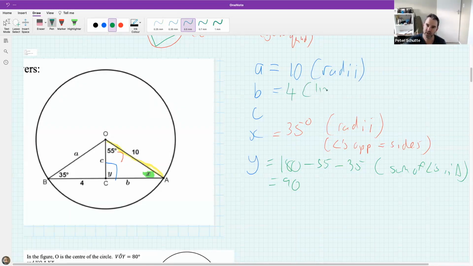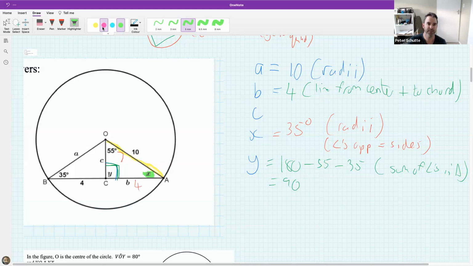And the reason is just line from center perpendicular to chord. And we know that it's perpendicular because we showed that Y was 90. So we know that this thing over here is going to be 4.